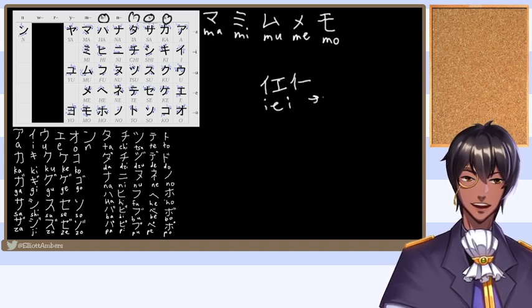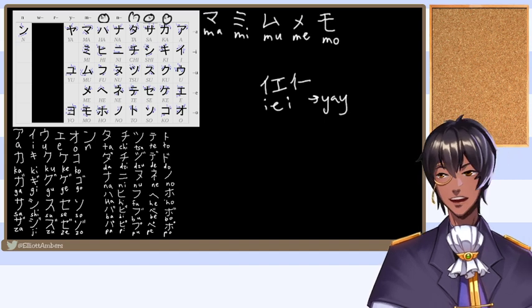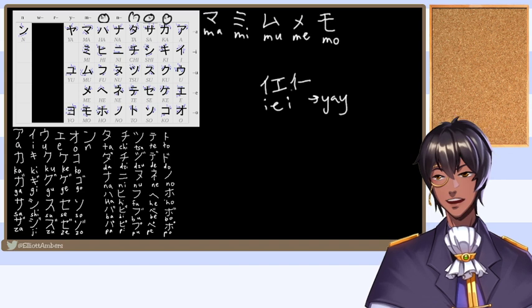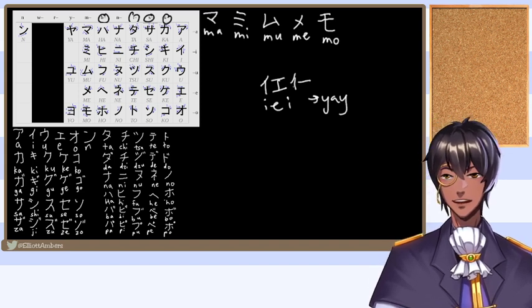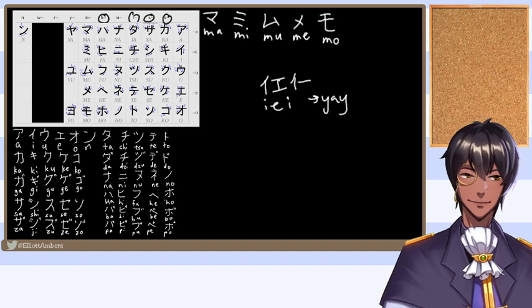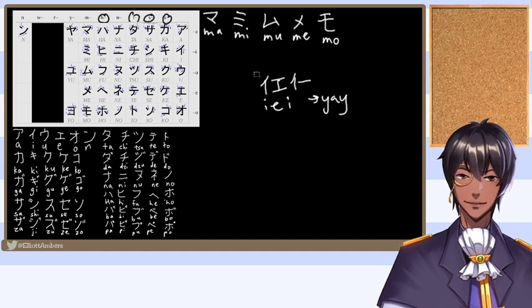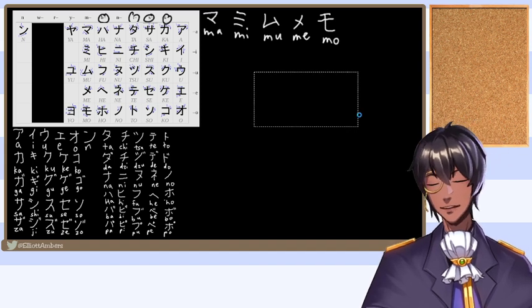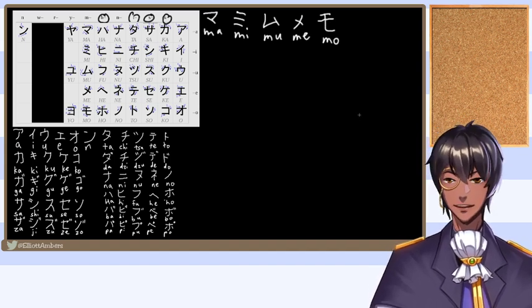Which kind of sounds like yay, which I think is really interesting, that they can just use these vowel sounds to make the yay sound or the yes sound without it being an actual character in the alphabet. So that's why it pretty much got outdated, because it just wasn't necessary. They were able to make that sound without needing the actual character for it.